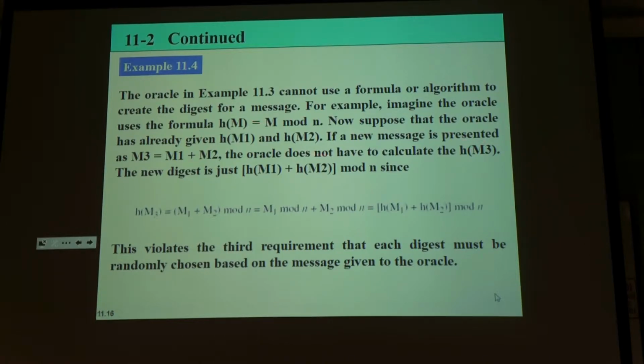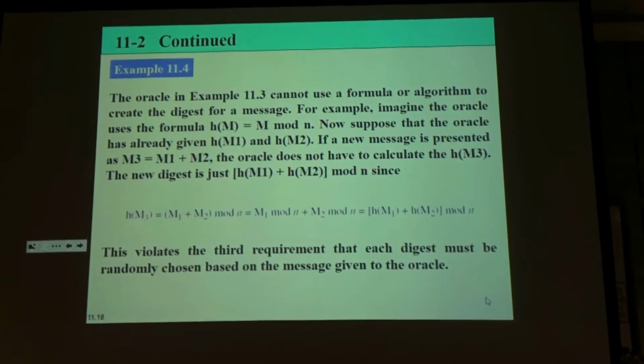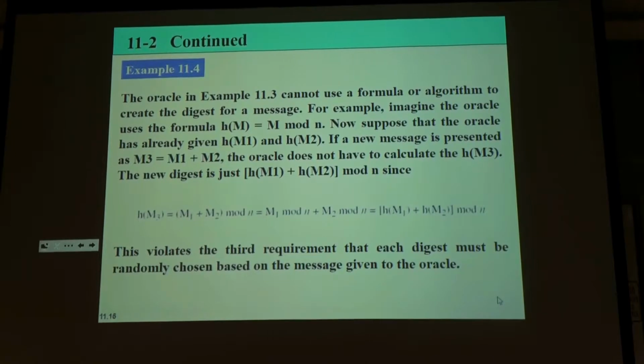You take the message modulo N. Now suppose that the oracle has already given H(M1) and H(M2). If a new message is presented, let's say M3, where M3 equals M1 plus M2, the oracle does not have to calculate M3. Why?